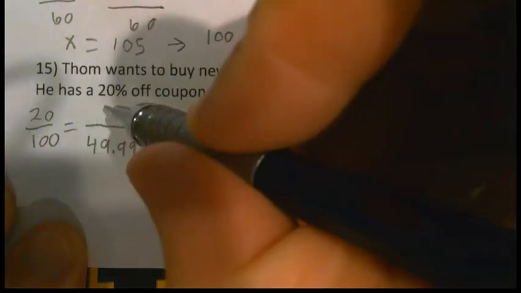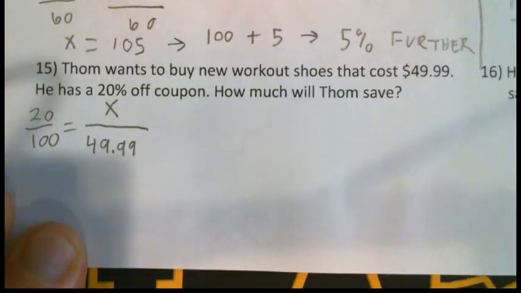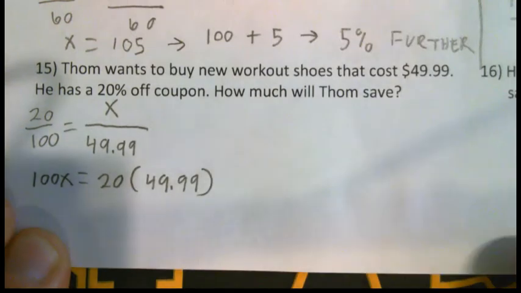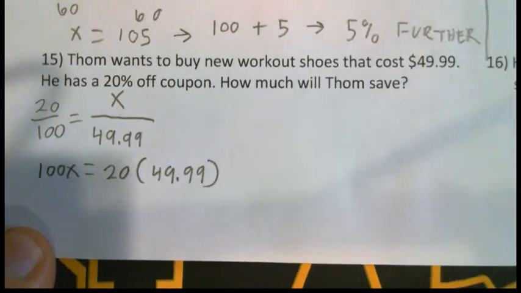We want to figure out the discount. That will be our numerator. Cross multiply. 100 times x equals 20 times 49.99. Divide by 100.